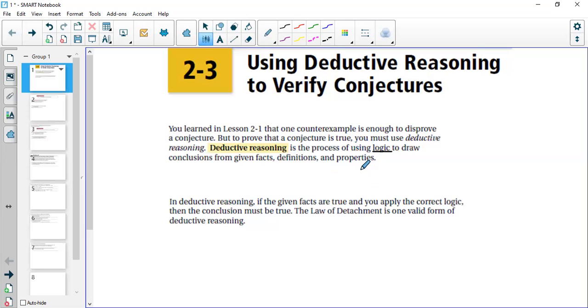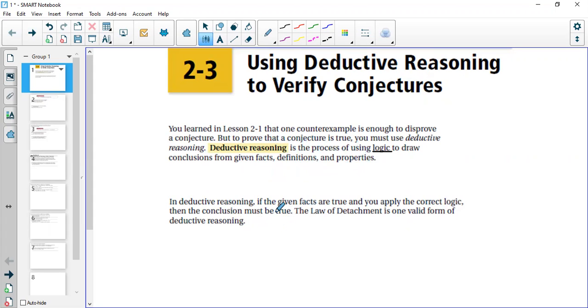We need to think very deeply when we are using deductive reasoning to verify the conjecture. We will use facts, we will give definitions, we will use properties to give reasons. In deductive reasoning, if the given facts are true and you apply correct logic, then the conclusion must be true. So definitely for deductive reasoning, we need logic to get information.